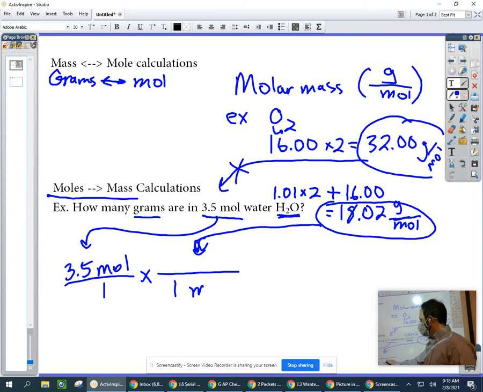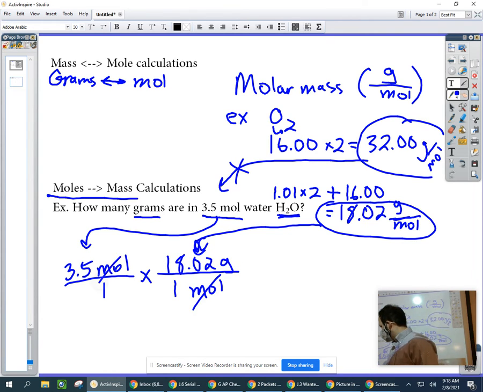And so we're going to put the 1 mole in the denominator and the 18.02 grams in the numerator. The reason we do that is because moles cancels moles. Remember, this is all one big fraction bar, and so we're going to multiply across the top, multiply across the bottom, and then divide.